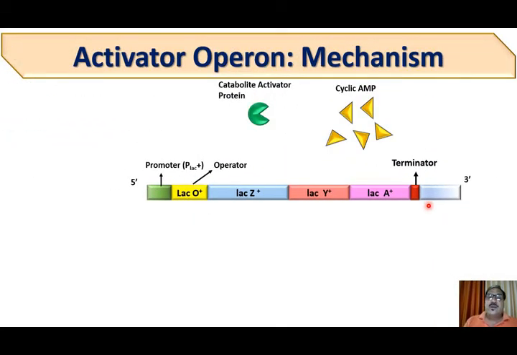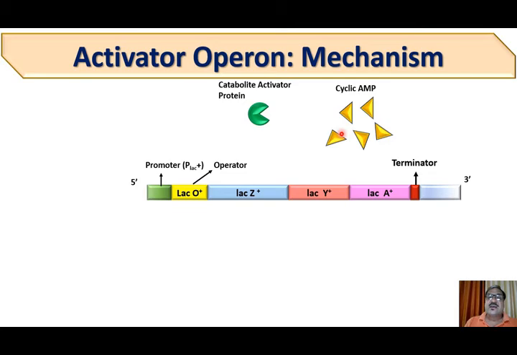In E. coli, when glucose level drops, it has to look for alternative forms of sugar as a source of energy. So here, in this case, it is lactose. When glucose level drops, cyclic AMP molecules begin to accumulate in the cell.